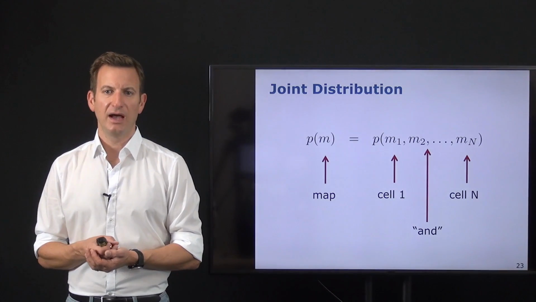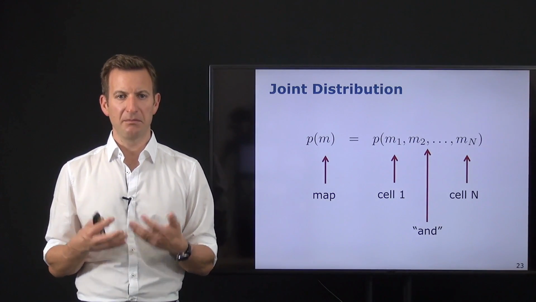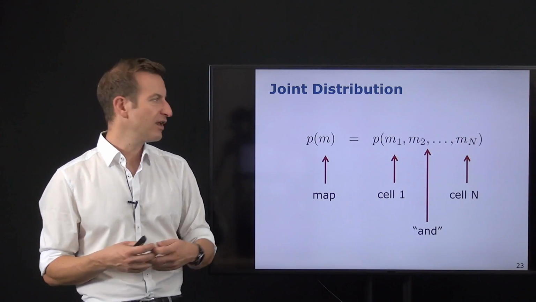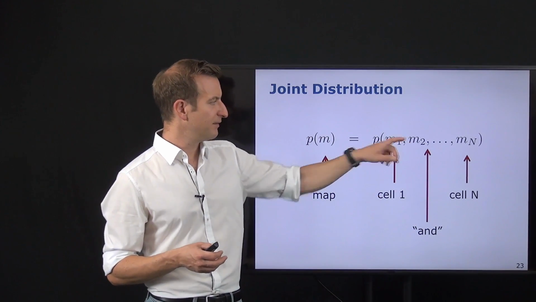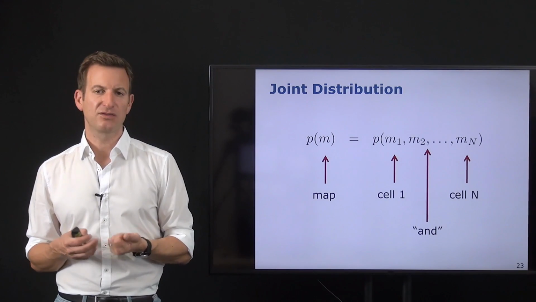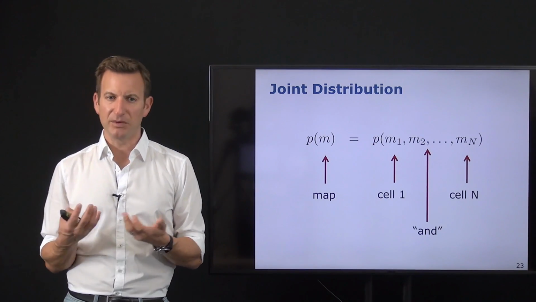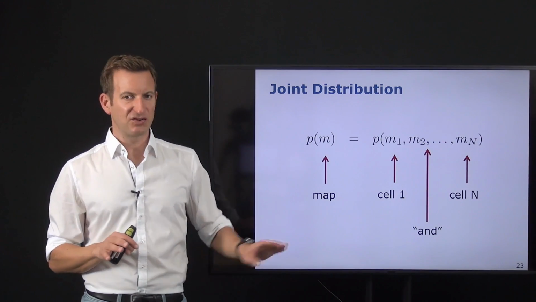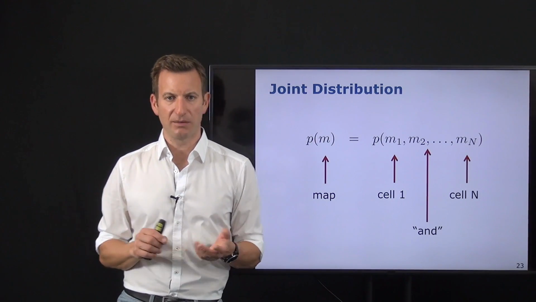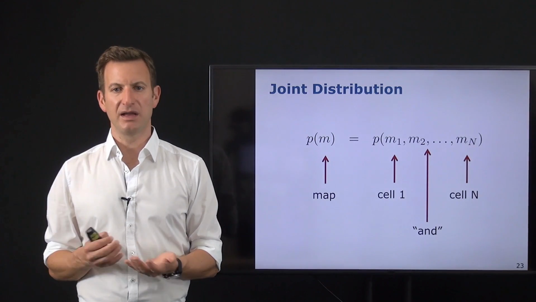So we said we have a map that consists of grid cells. So P(m) refers to the whole map in general, and P(m_i), with an index, refers to an individual cell. Maybe we arrange them with an X and Y coordinate, but for reasons of simplicity, I just use one index here, which can index all the different cells in my environment.